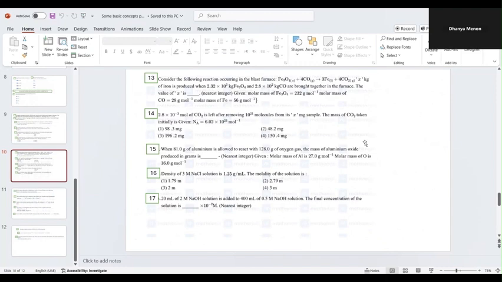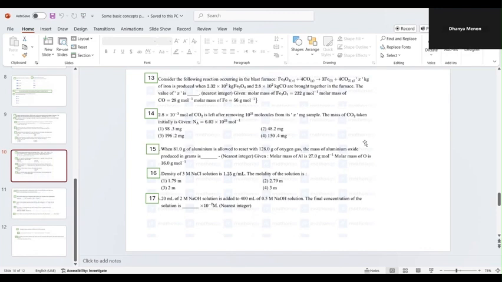Coming to the next question, question number 14. In question number 14, you have 2.8 times 10 raised to minus 3 moles of carbon dioxide left.